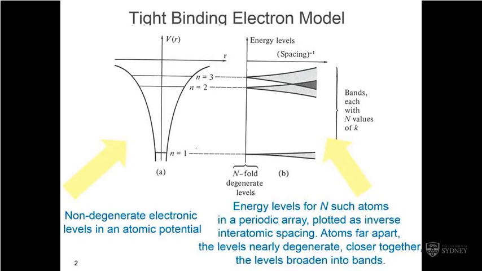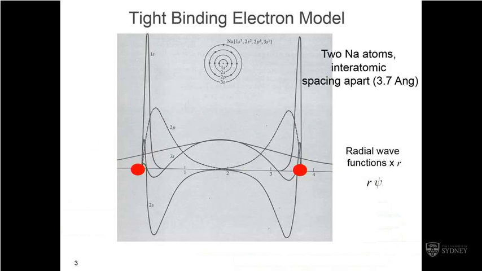If you want to look at how the wave functions look on, for example, 2 atoms, this represents the position of 2 sodium atoms, the red dots, and they are spaced about 3.7 angstrom apart. I'm actually not sure if that's the equilibrium lattice constant of those 2 sodium atoms, but it's quite close together where you might get some bonding, and this just shows what the various wave functions look like.